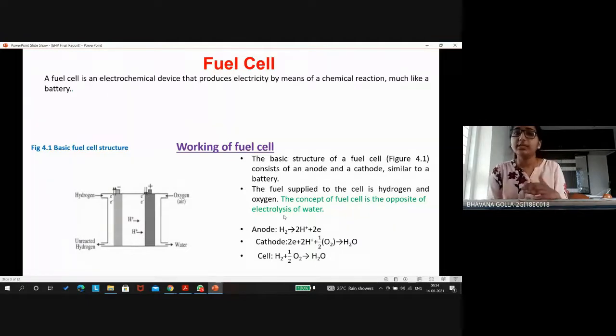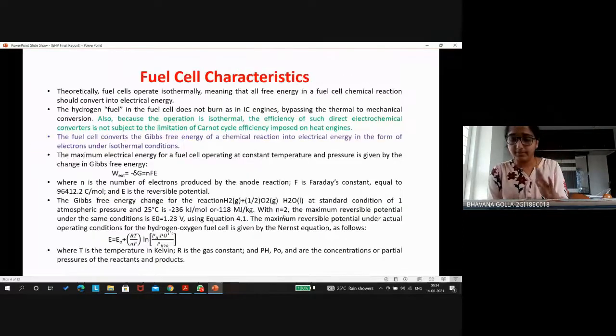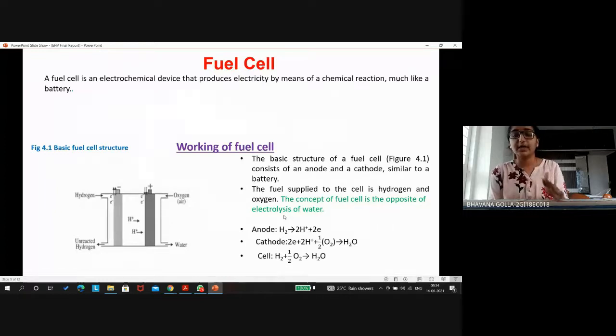Hydrogen basically consists of one proton and one electron. So when we supply a hydrogen molecule, we have two hydrogen atoms sharing their electrons with each other. That is, there is a covalent bond between them. When we supply it to the anode, the fuel cell reaction takes place such that there is breaking of hydrogen.